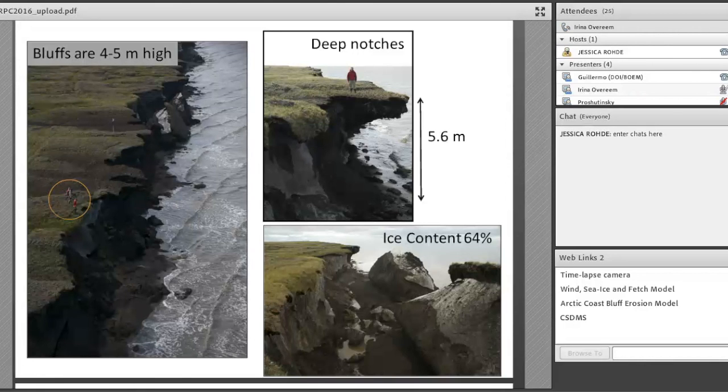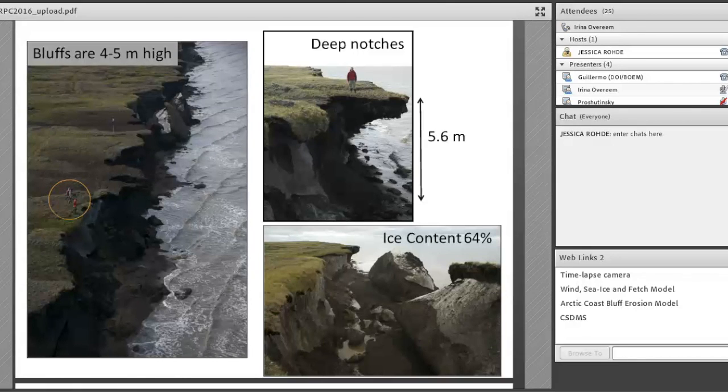There are also ones that are quite a bit smaller, maybe two meters or so, but these are 4 or 5 meters high. They have excess ice content, so they're really ice rich, and there's a very shallow bathymetry going up to these bluffs, and you can see that they're crumbling away.